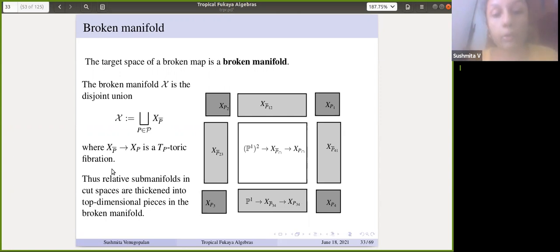So the divisors are going to be P1 bundles, and the higher codimension submanifolds are going to have higher dimension toric fibers. So the relative submanifolds and cut spaces are thickened into top dimensional pieces in the broken manifold. That's the main point. So that's the target space of a broken map.